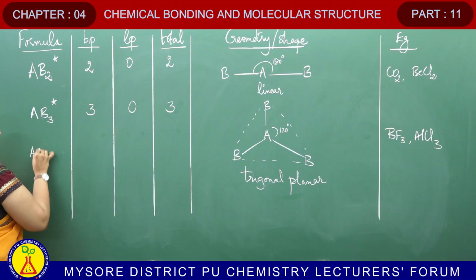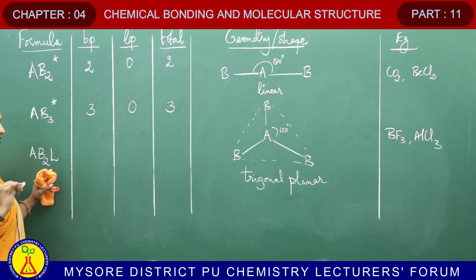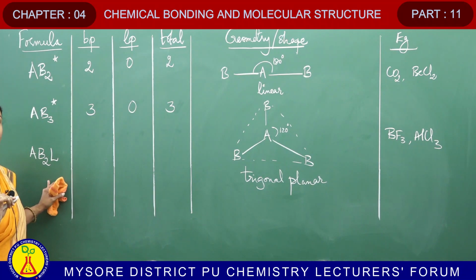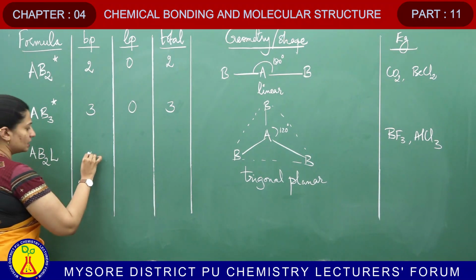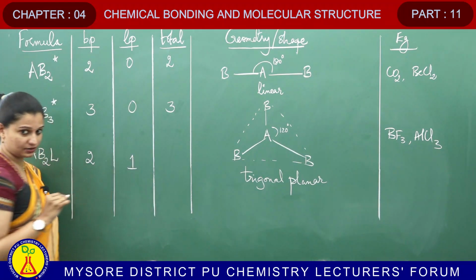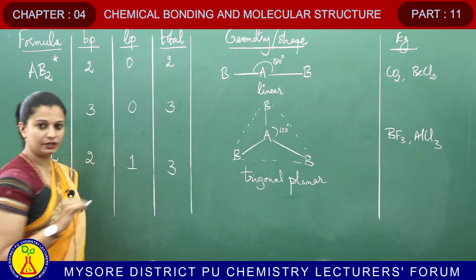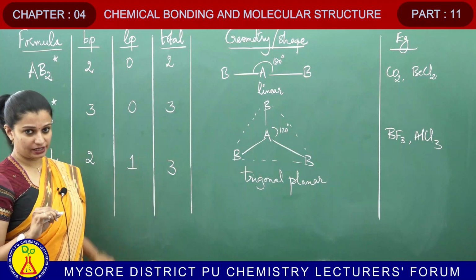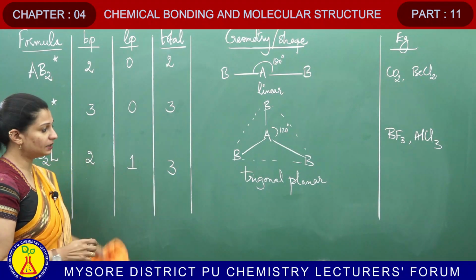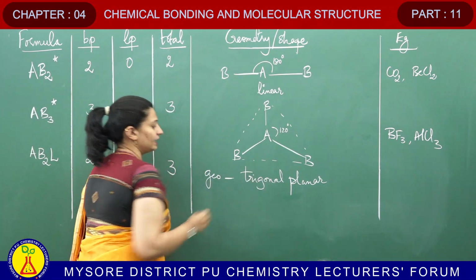Now I am moving on to a third situation. In the third situation, I am writing it as AB2L. So, which means there are 2 bond pairs, 1 lone pair on the central atom and you are having total 3. The geometry remains trigonal planar.